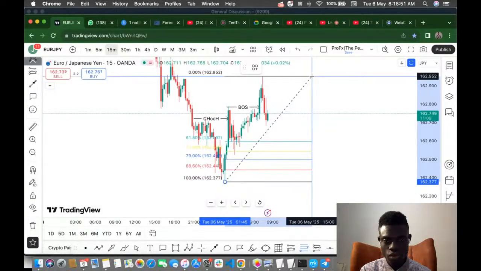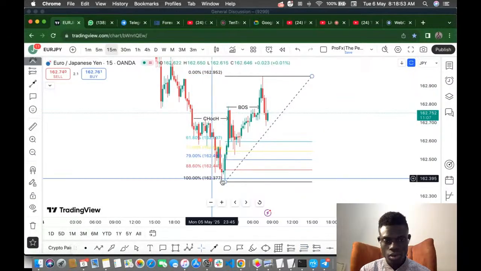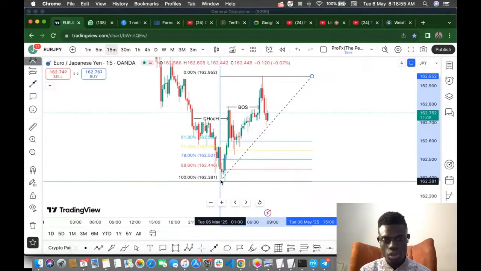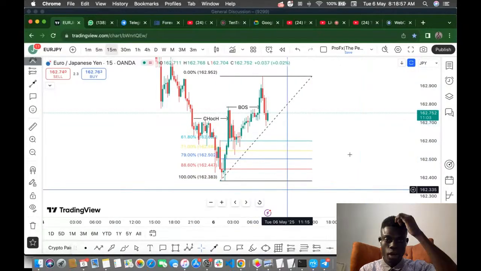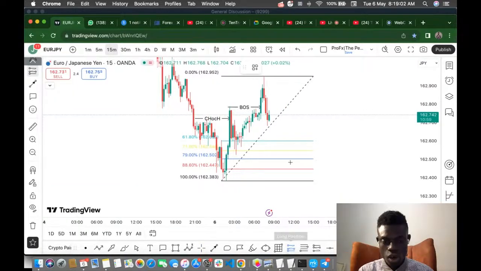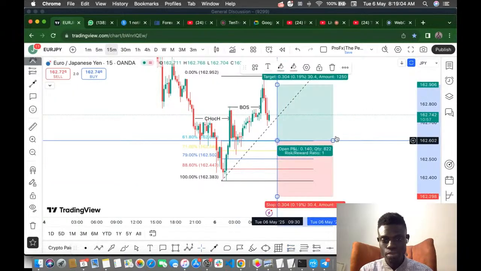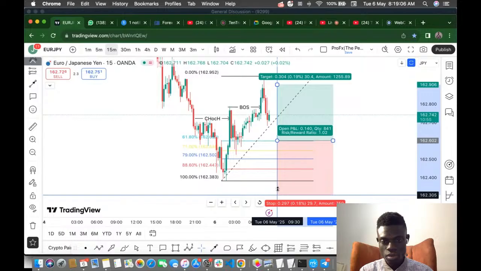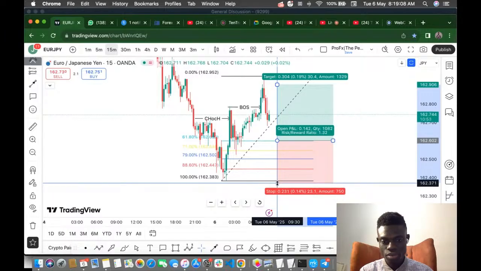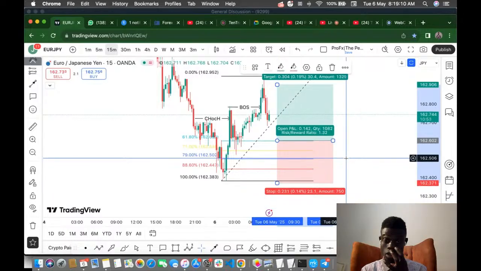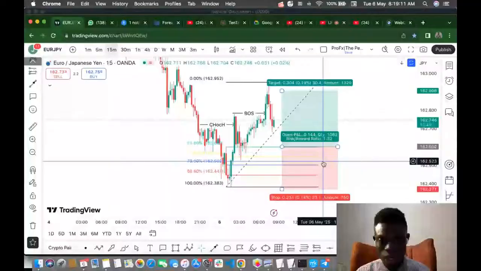That's Fibonacci, right? So we have this optimal trade entry at 61.8. So for swing trading, or to just put it and go and sleep, this is your what? Your entry model. So just set this one and go and sleep.